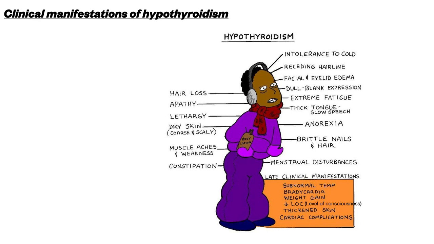Given the actions of T4 and T3, hypothyroidism will cause clinical manifestations in relation with a slow metabolism. This time we use an image to display the characteristics of this hypothyroidism state.